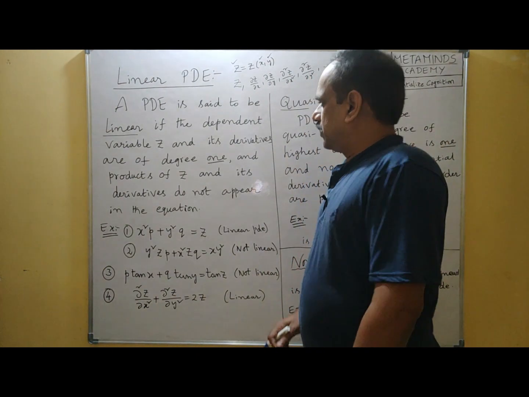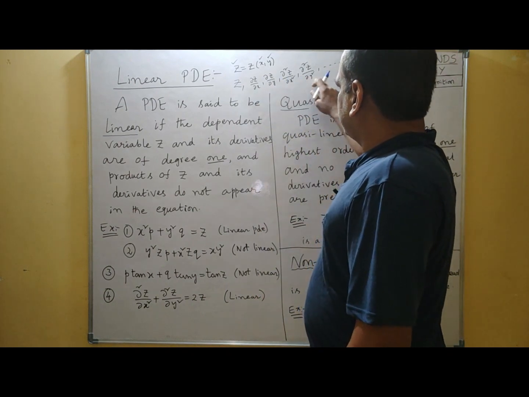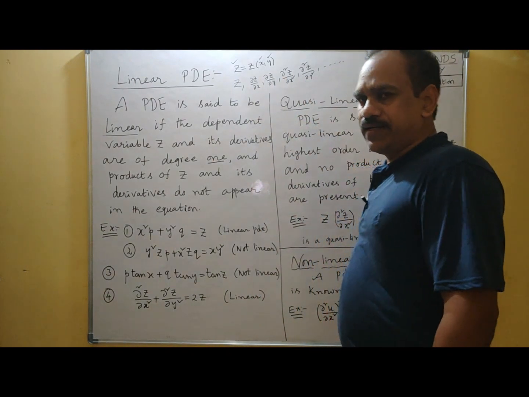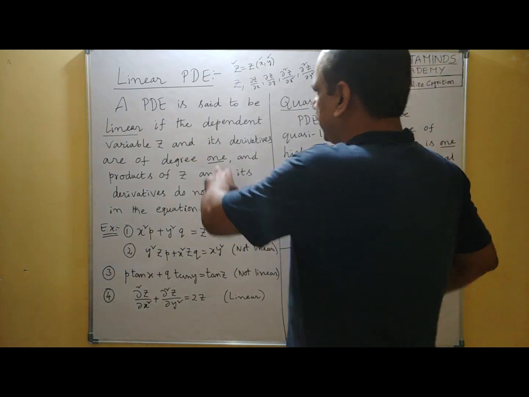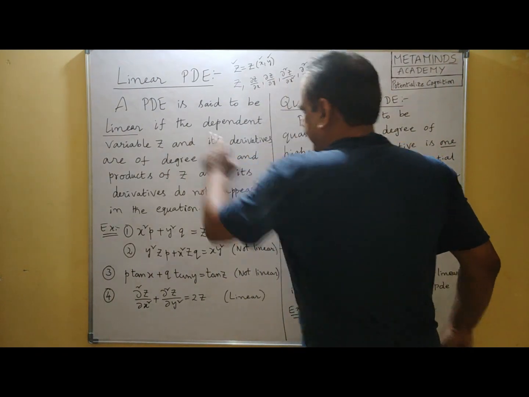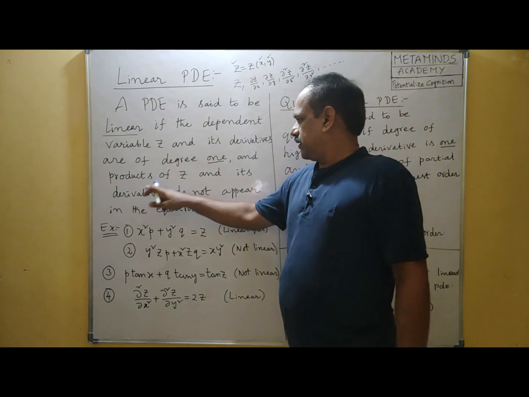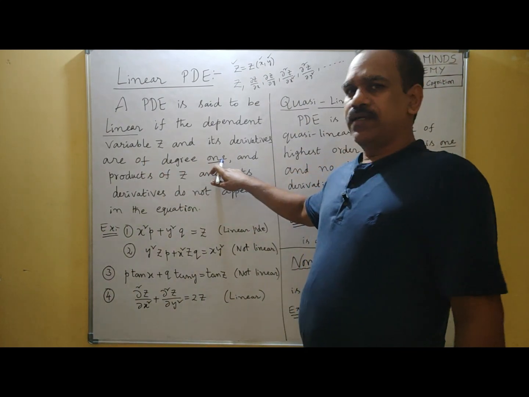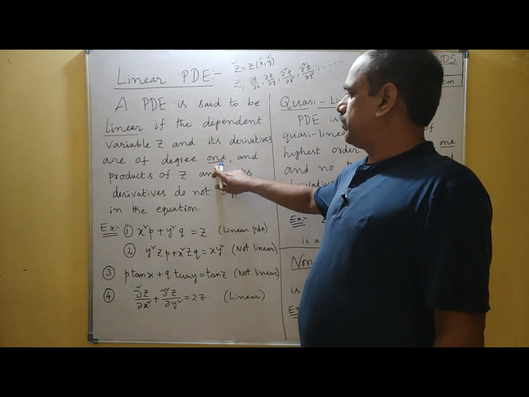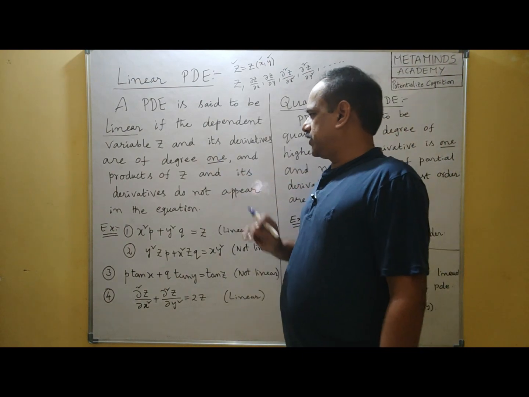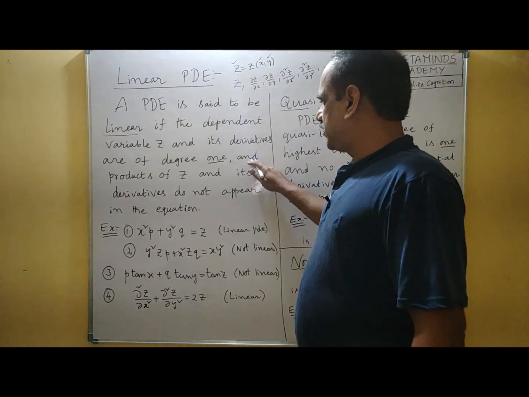These are all derivatives of the dependent variable z. So what should happen? The dependent variable z and its derivatives should be of degree 1 in the equation. And what is the other condition?